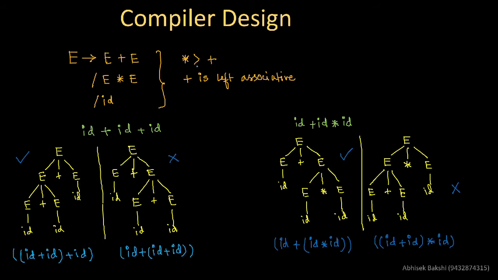For example, what I mean to say is that if we have a grammar something like this, E to E plus E and E star E, what are we actually doing? We started from E, and initially you have taken this E to E plus E.